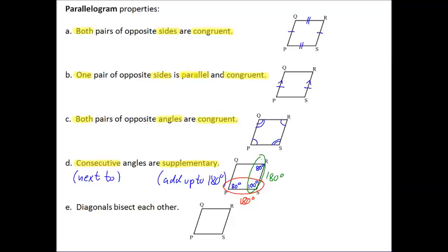And our last property is diagonals have to bisect each other. Remember, bisect means cut in half.